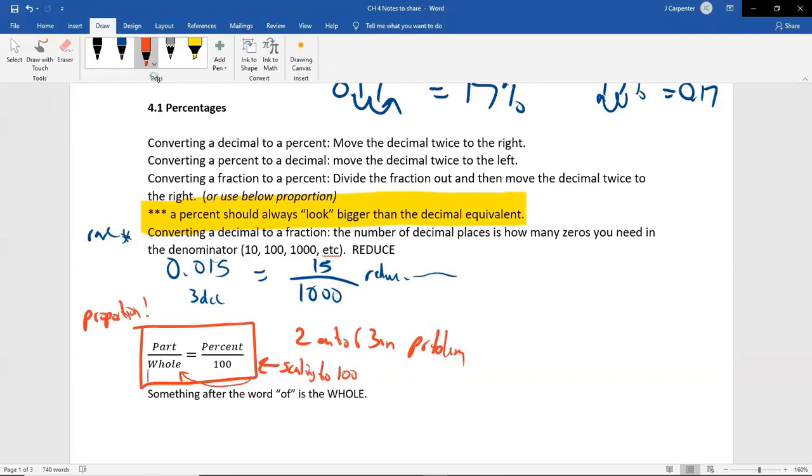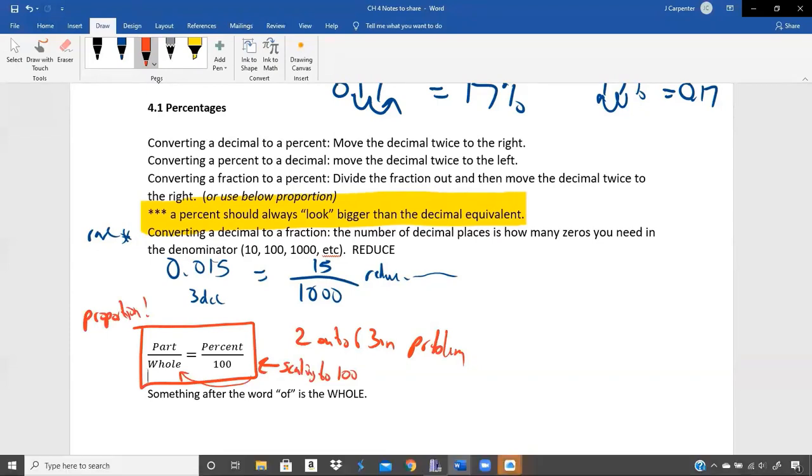But another clue that you can usually find in the phrasing is the word of. Anytime you see the word of, the thing that comes after it is the whole. This is something that I suggest you memorize, because if you have a hard time cluing in on the context, then that would help you.